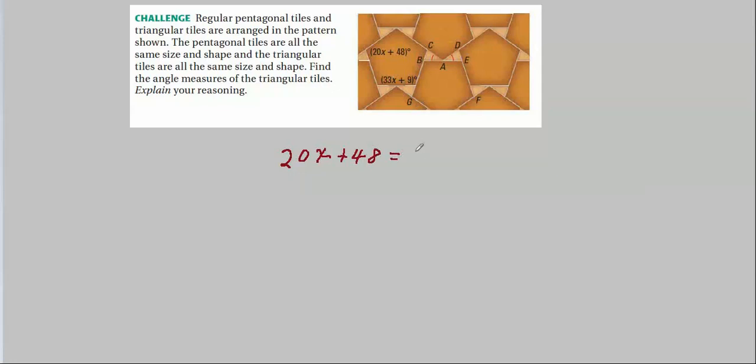So when I say pentagon, I meant regular pentagon. Pardon me. Since they're all equal, we can set up this equation. That's 33x. Whoa. So what do we get? Well, we can have 13x here.